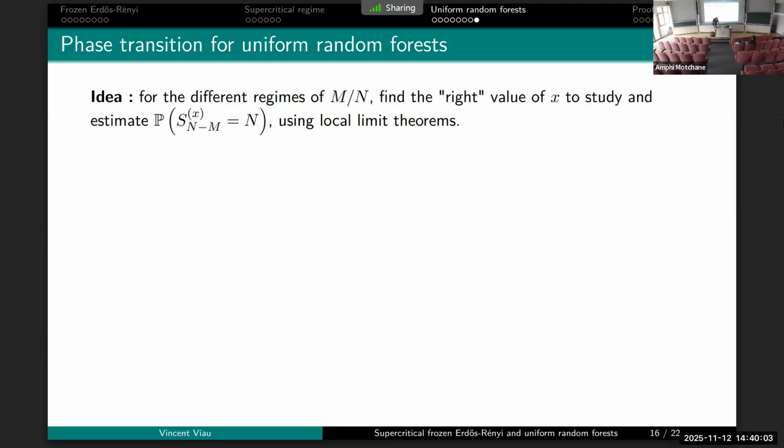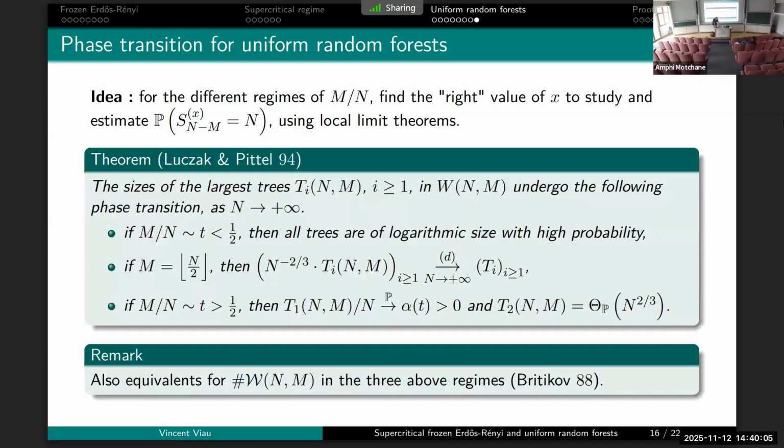Okay, and thanks to the study of this walk, we have phase transition results for the size of the largest tree in a uniform random forest, which are really similar to the results of Erdős-Rényi for the classical Erdős-Rényi model. In the so-called subcritical region, all trees are small, of size log n with high probability. Then at criticality, at time n/2, you have trees of size n to the 2/3.